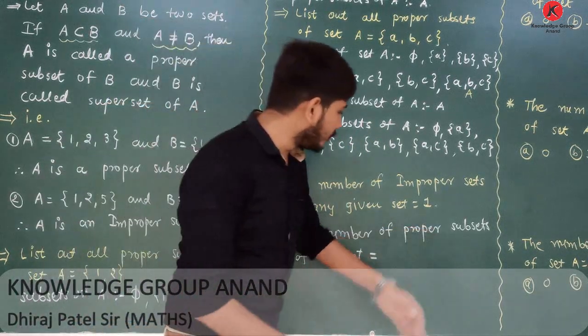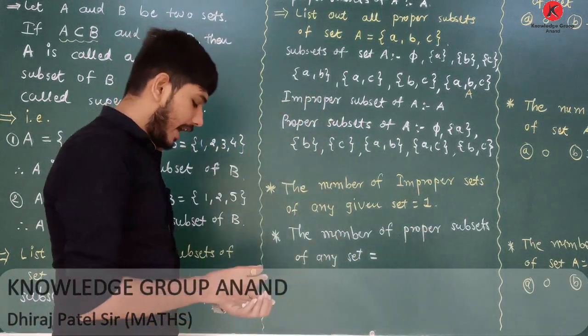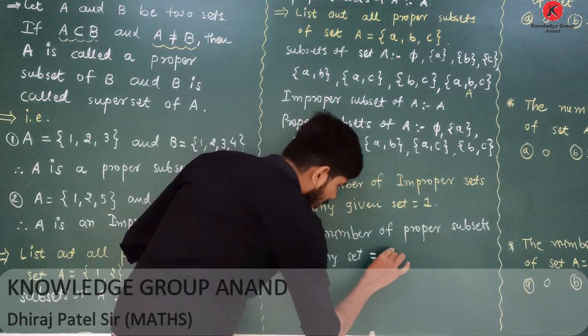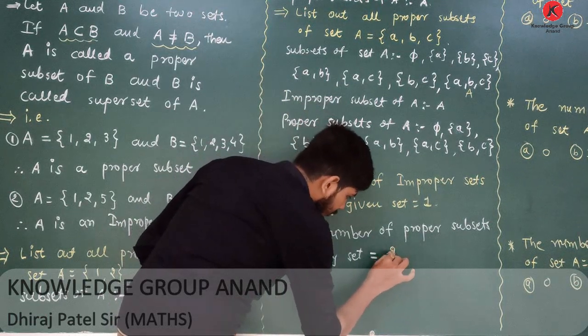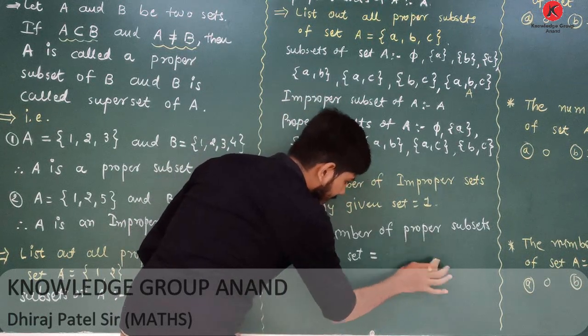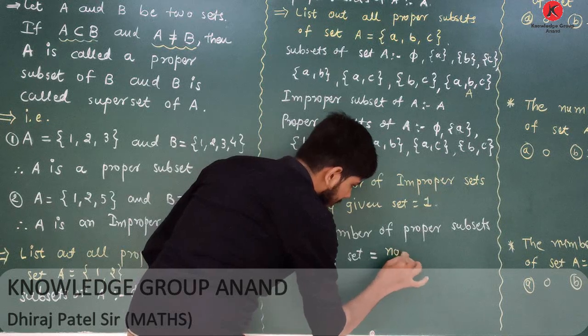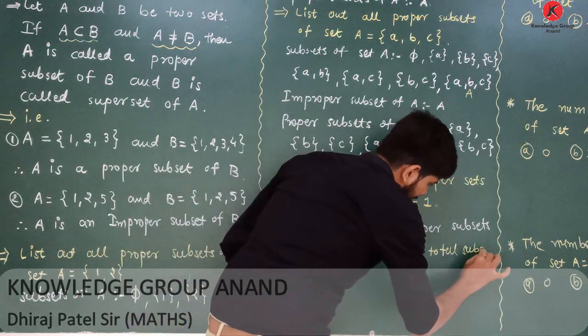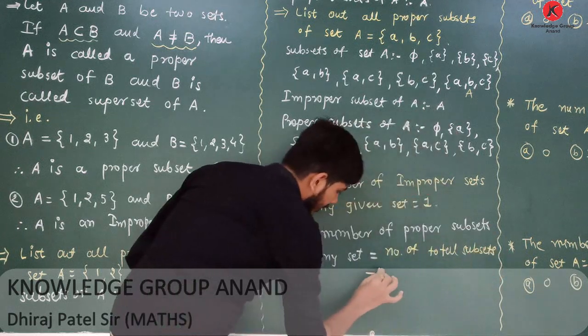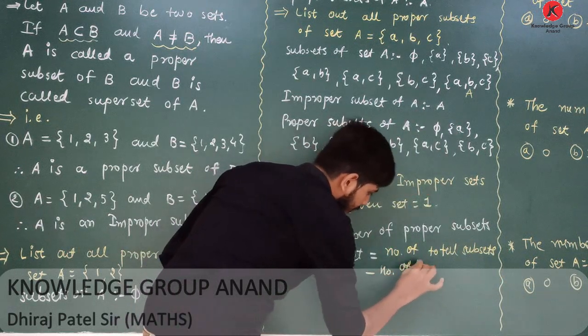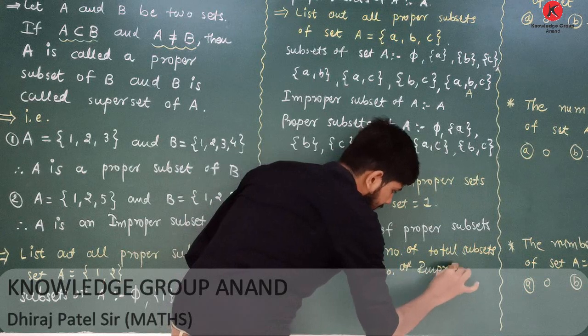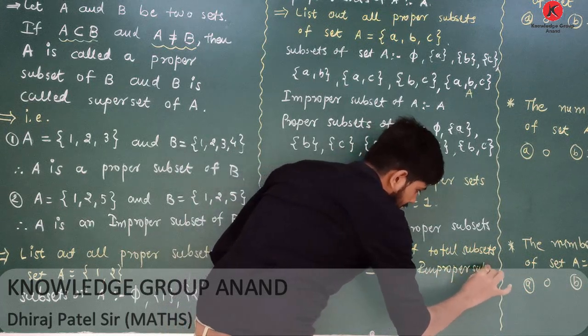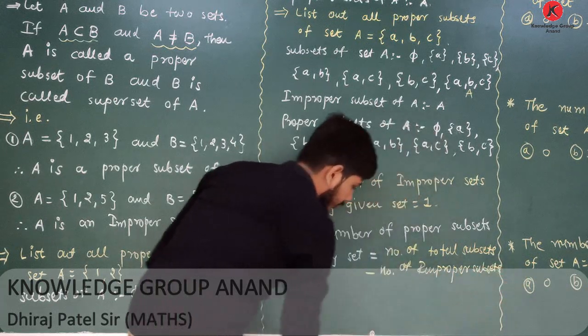Therefore, the number of proper subsets of any set equals the number of total subsets minus the number of improper subsets.